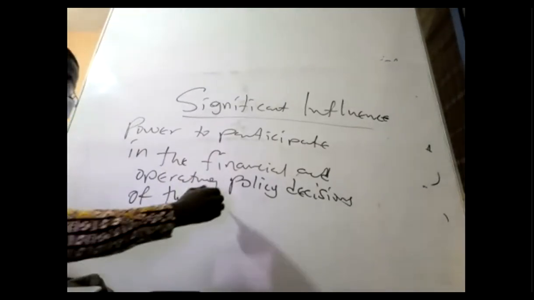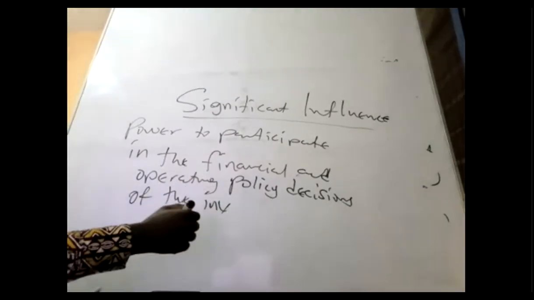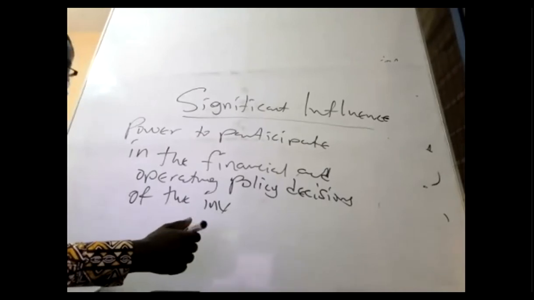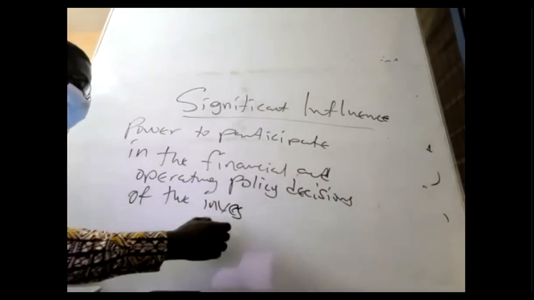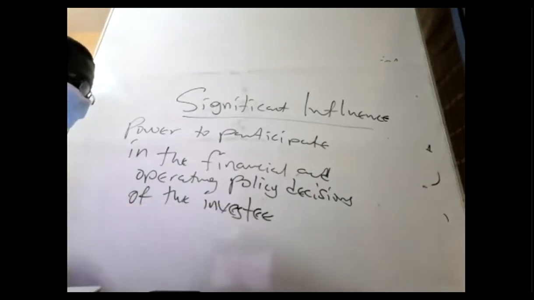For control you can say parent, but here you say the investee or the investor. You can't say subsidiary. You have to say investee.